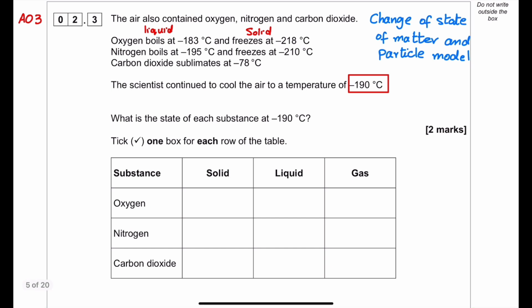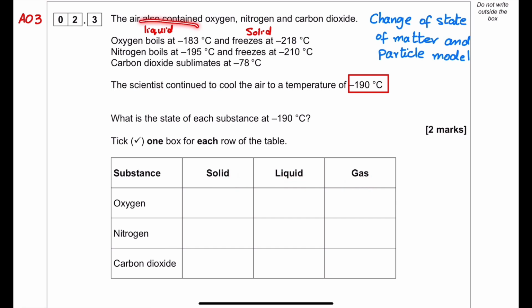The scientists continued to cool the air to a temperature of minus 190 degrees. The question is, what is the state of each substance at minus 190 degrees? Tick one box for each row of the table. We have oxygen, nitrogen, carbon dioxide, and three states are given here: solid, liquid, and gas.